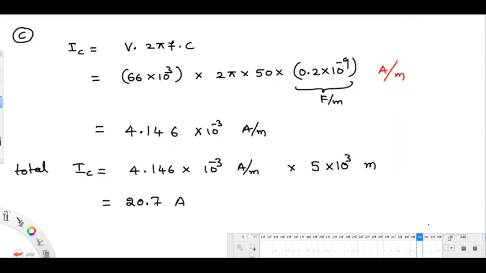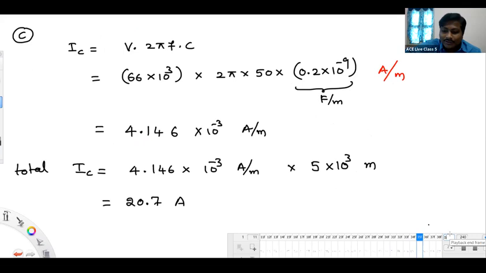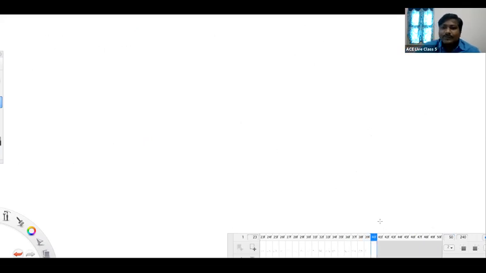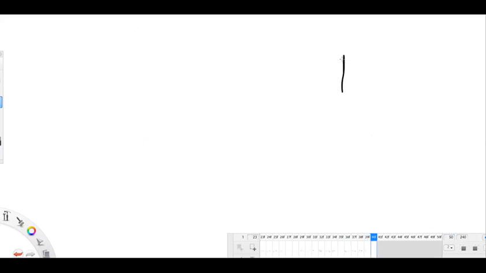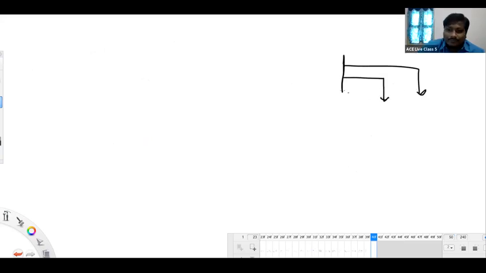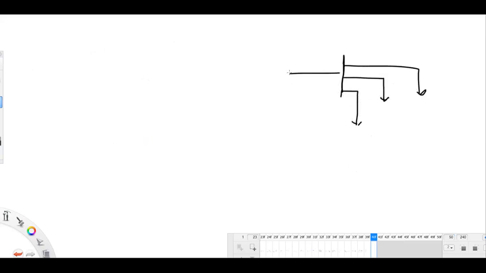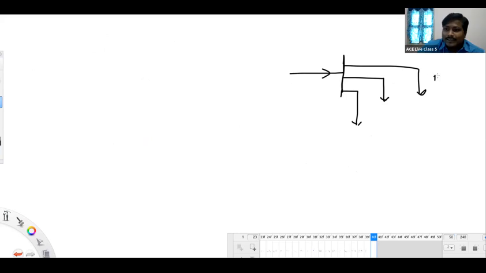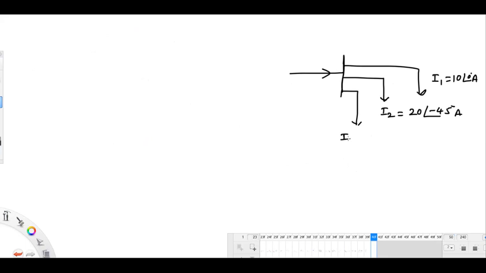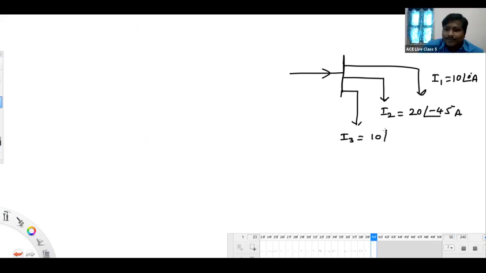Pratyush, I will tell you one very basic thing. Listen, this is a bus. I have three loads connected to it. The first load is taking a current I1, 10 at an angle of 0 degrees amperes. The second load is taking a current of 20 at an angle of minus 45 degrees amperes. The third load is taking a current of 10 at an angle of 45 degrees amperes.